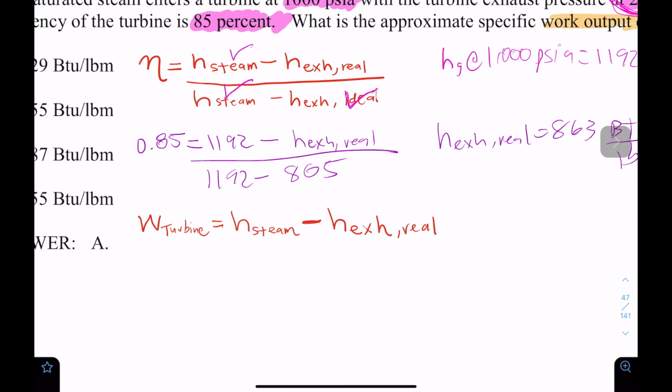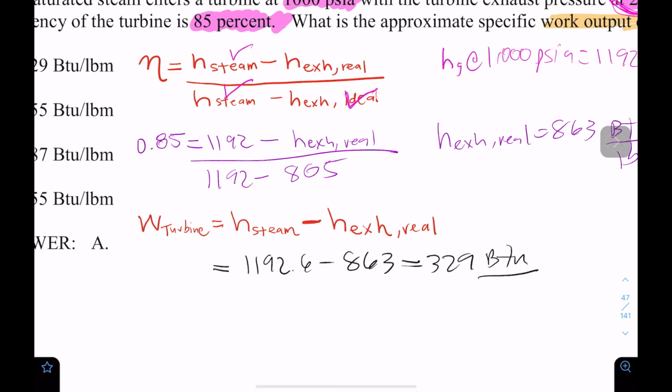So I just plug things in here, which is going to be 1192.6 minus 863. That's going to be about 329 BTU per pound mass.